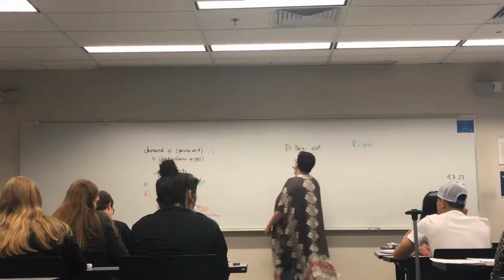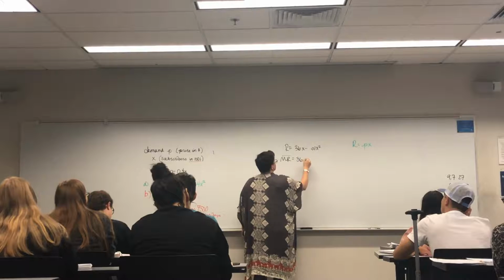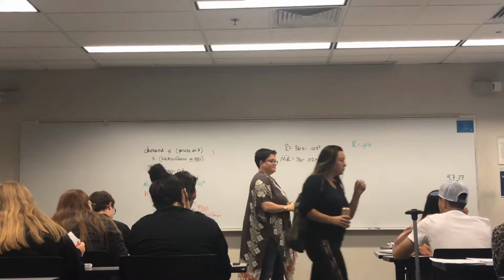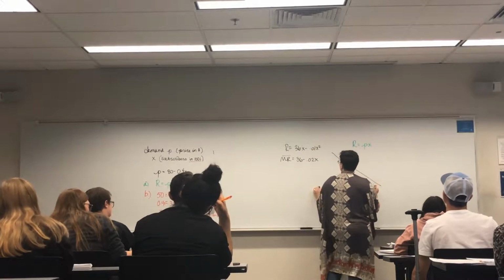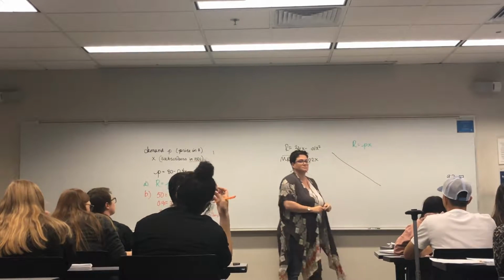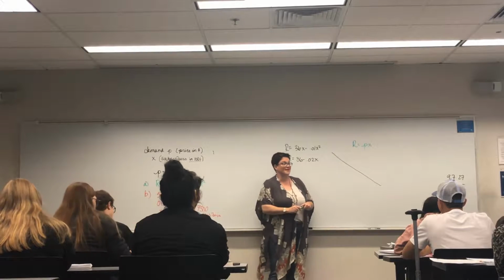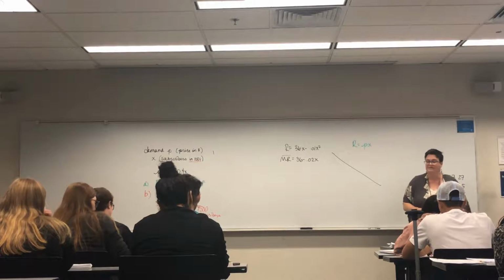So what's marginal revenue here? Yeah, 36 minus 0.02x. Okay, that's linear. It's going to look like this. So at some point, this is going to cross the x-axis, right?